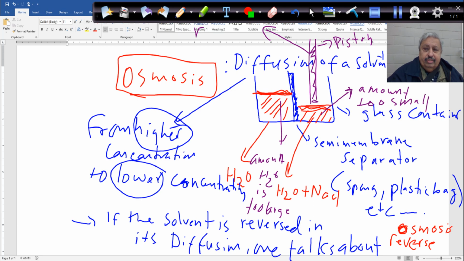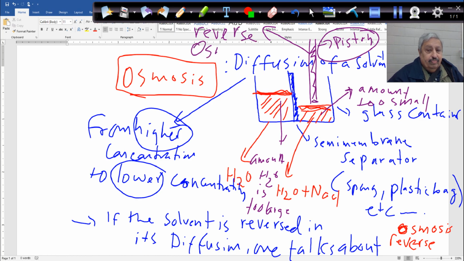And as soon as you use the piston to put pressure on the side with the lower amount of H2O and get it through, okay, now we call it reverse.